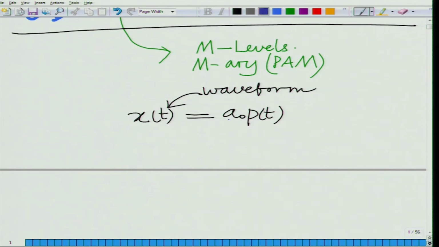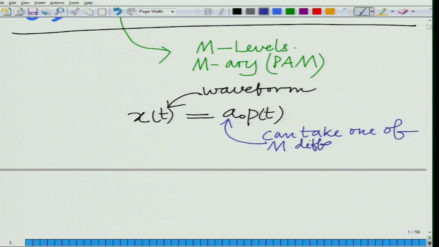Now this A naught can take one of M different levels. So far we have seen that A naught can take at most two levels, that is binary, plus A or minus A, or A or 0.